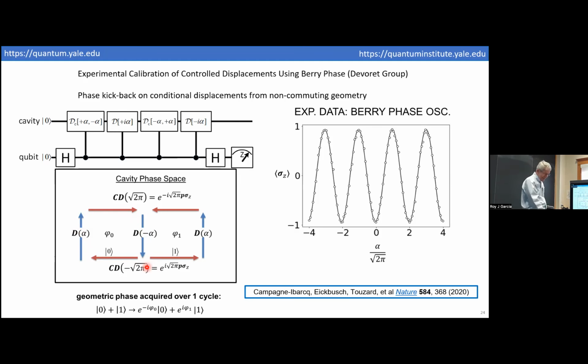That just means that the qubit was rotated around the z-axis by an amount proportional to that area. And then you just do a Ramsey fringe measurement, and you do what every person interested in metrology wants to do, convert the thing you want to measure into a frequency. So as a function of the size of the displacement, you see these oscillations of the rotation of the qubit, and that calibrates for you the size of your displacements.